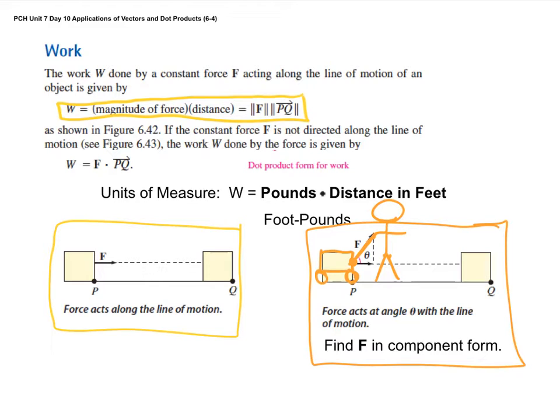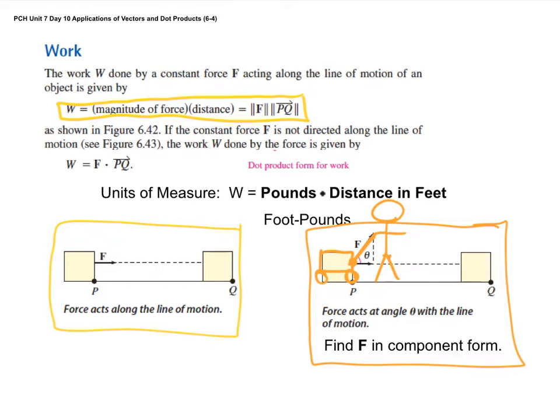Not all of your strength is pulling that thing in the direction it wants to go. Some of that strength is lost, because some of this is actually lifting up on the front of the wagon. The horizontal component is what's pulling it the direction you're wanting to go.